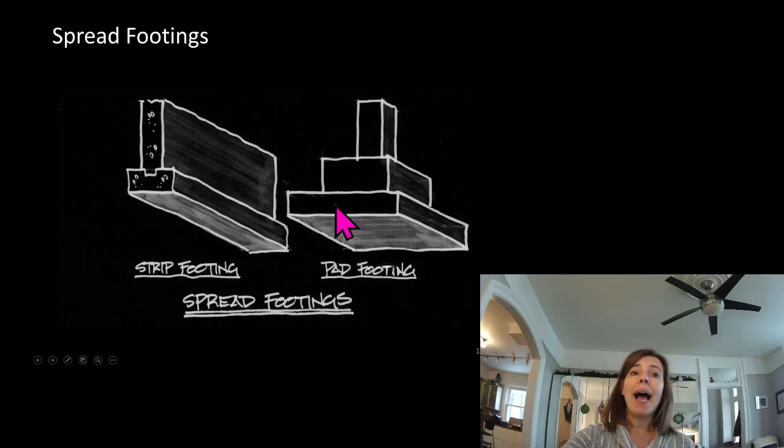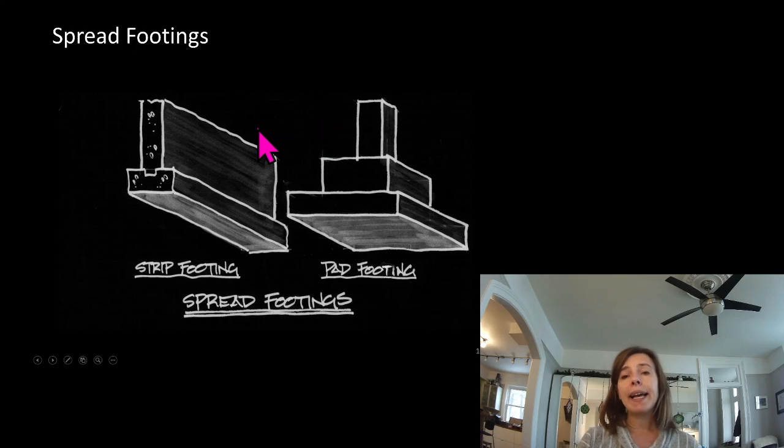And then we do a pad footing underneath a singular column. These often have higher point loads coming down on them. Sometimes you might see a strip footing with a notch out for a pad footing because we have a column almost along the wall, or the strip footing below the wall isn't enough and we need to bulk it out for our pad footing.